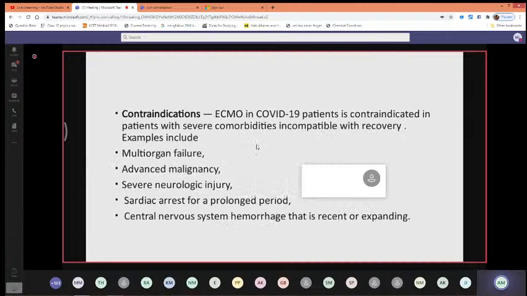Once again, we don't want to put a moribund, elderly patient with multiple organ involvement on ECMO and waste the resources and money. So one has to be very selective. If a young patient is fighting on the ventilator, it's really worth trying ECMO, if the patient can afford it.